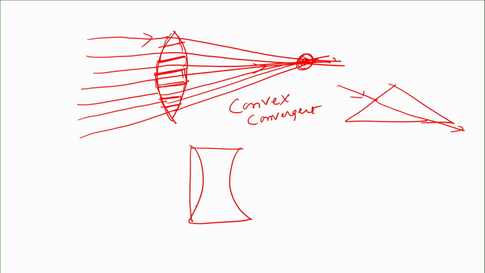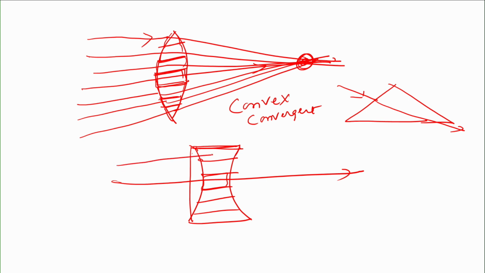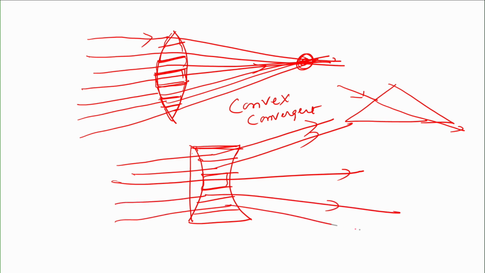When you consider a concave lens and divide it in the same manner, the middle one is a glass slab, as you know. When the light ray is incident on it, it travels straight. Above the glass slab, the base is in the upward direction, so the light ray bends towards the base. Below, it bends the other way.